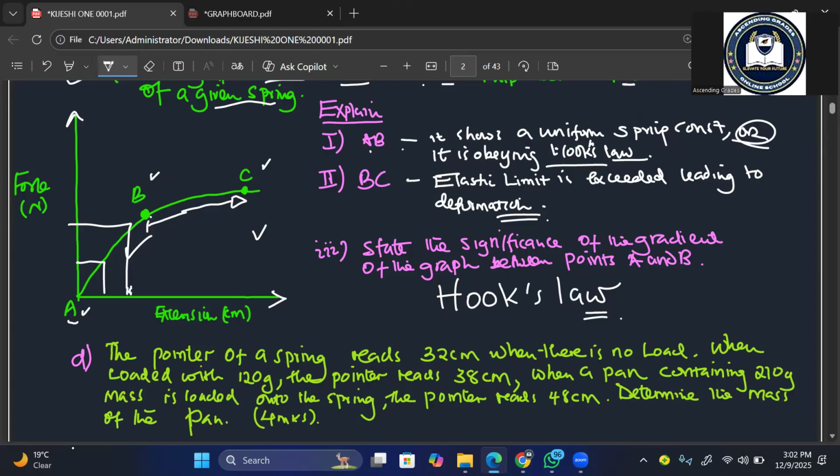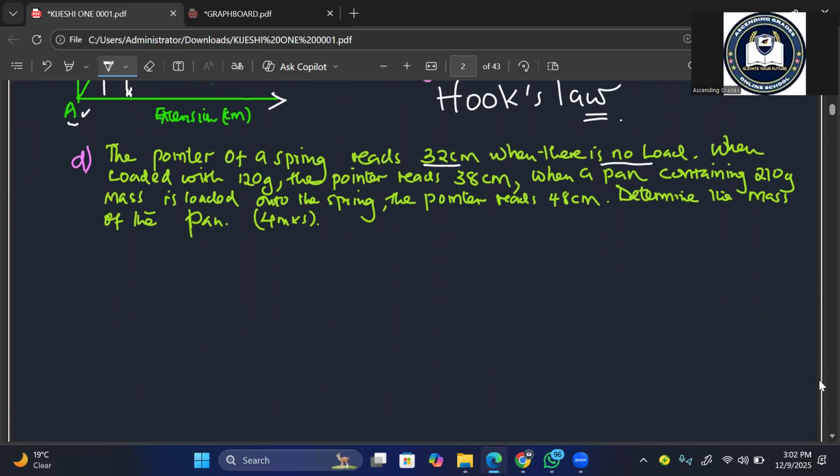The pointer of a spring reads 32 centimeters when there is no load. When loaded with 120 grams, the pointer reads 38 centimeters.